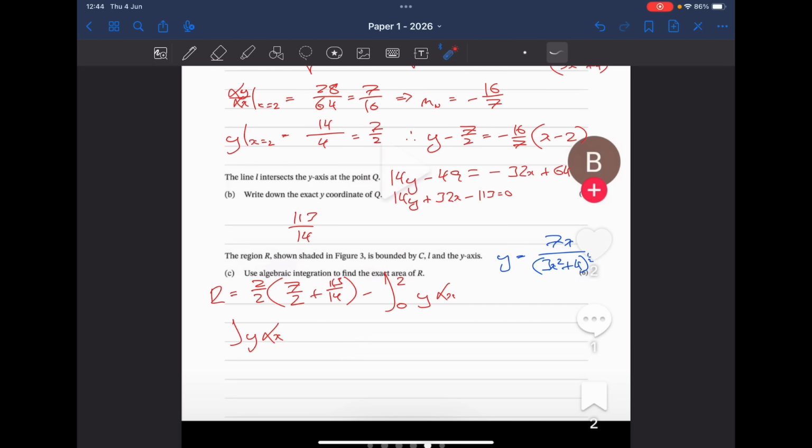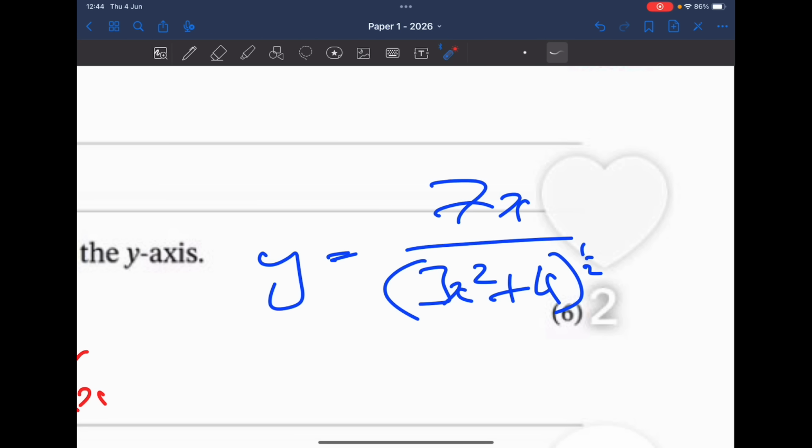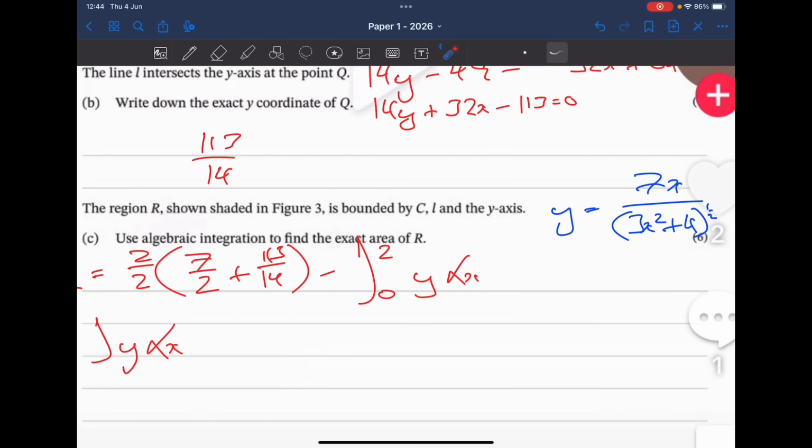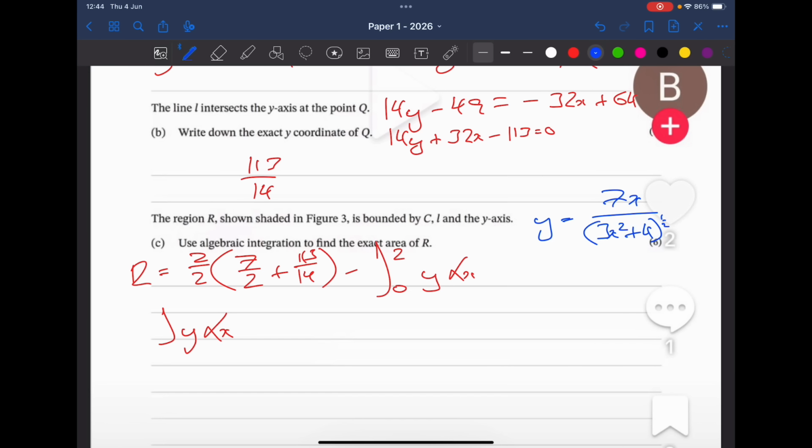We have to think about what number is going to come out the front. The 3x squared plus 4 will become just 6x, but we times it by the half, so a 3x appears at the top. So really what we want is the integral of 3x over (3x squared plus 4) to the half.